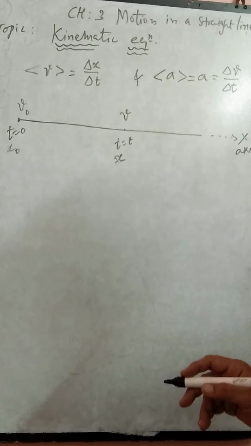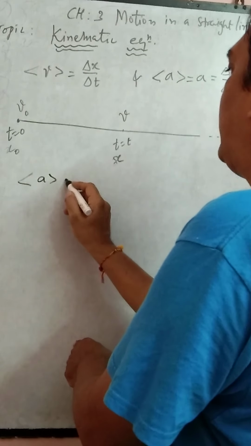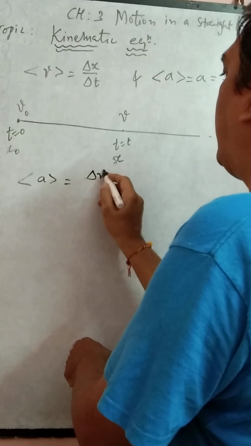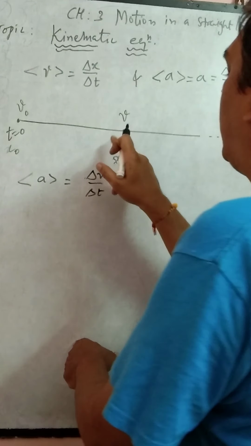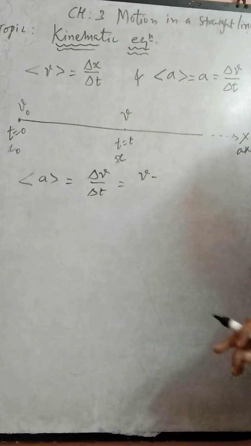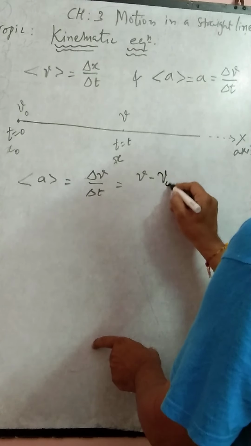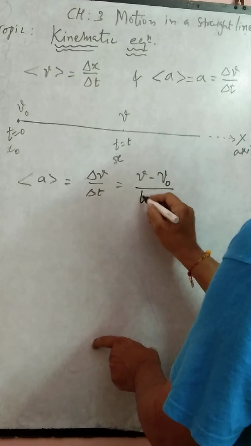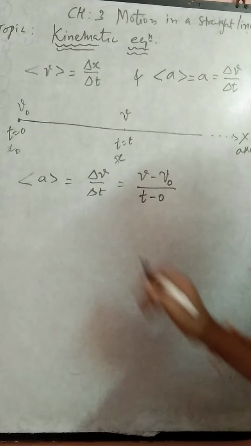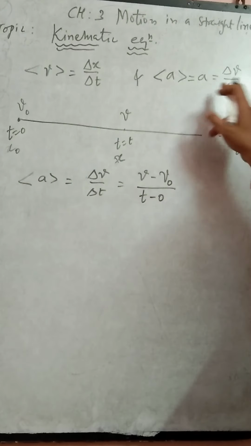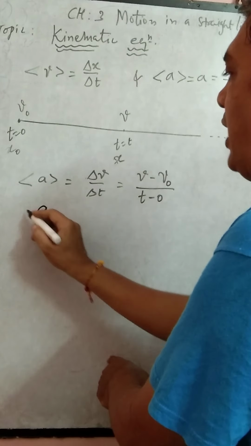Using the second equation, average a is equal to delta v by delta t, that is v minus v naught, since the final velocity is v and the initial velocity is v naught, upon time t minus 0. As discussed earlier, the acceleration is not varying with time, so acceleration is constant and average a can be written as a.